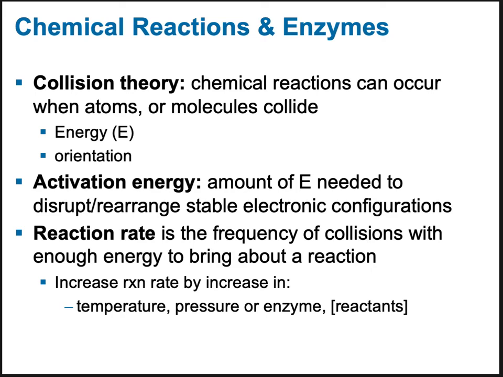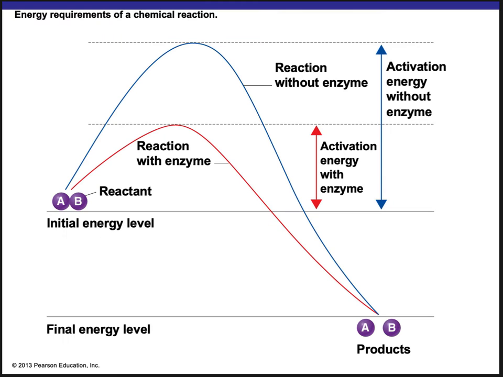And so, as I mentioned, if you want to increase the reaction rate, you could increase temperature, pressure, or the concentration of the reactants, which are great if you're in the lab, but in the human body, we can't really do that. So we use enzymes, right? And so the activation energy is the amount of energy that you have to add to the system to get that chemical reaction to happen.